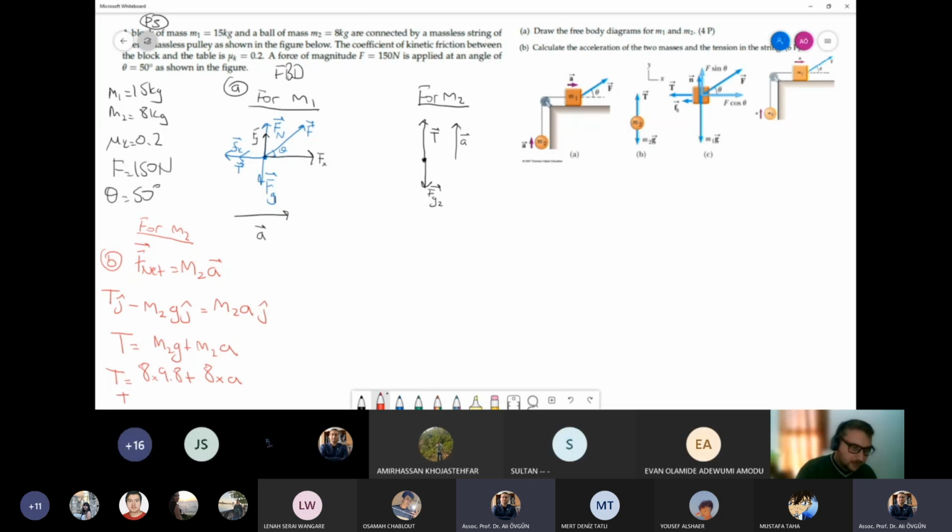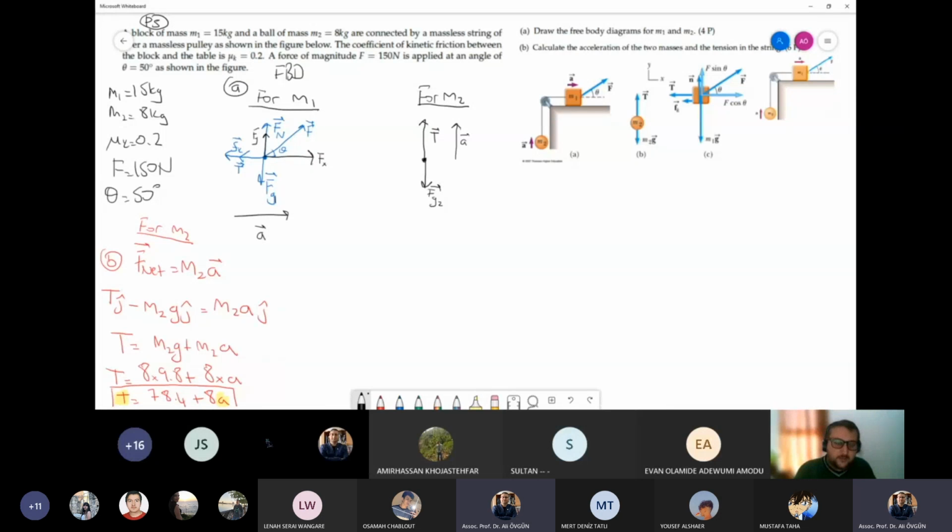This is T equal to 78.4 plus 8A. So this is the first equation. There are two unknowns, A and T. So if there are two unknowns, you need two equations. This is the first equation.